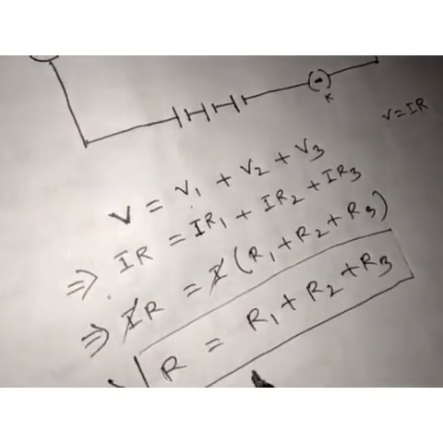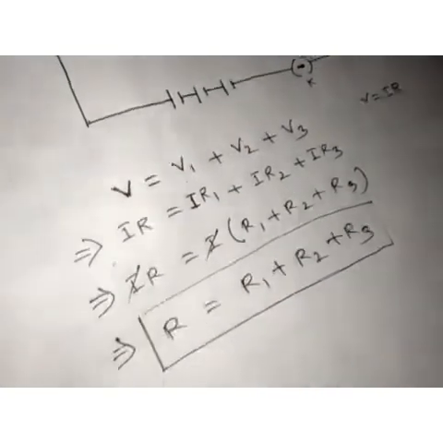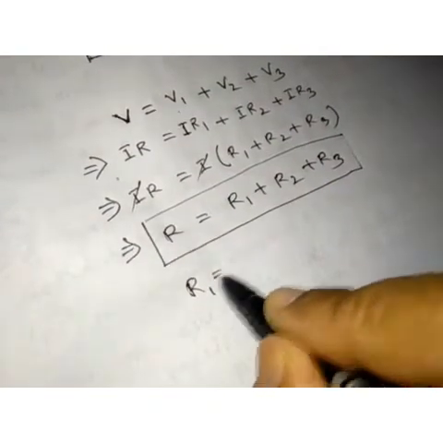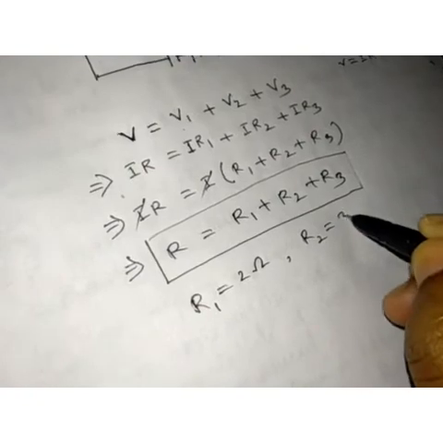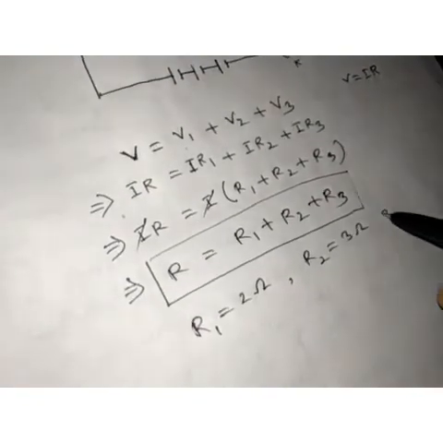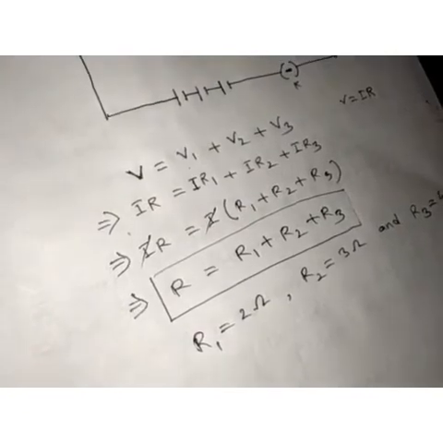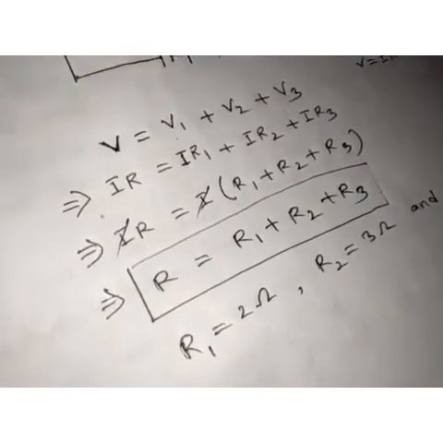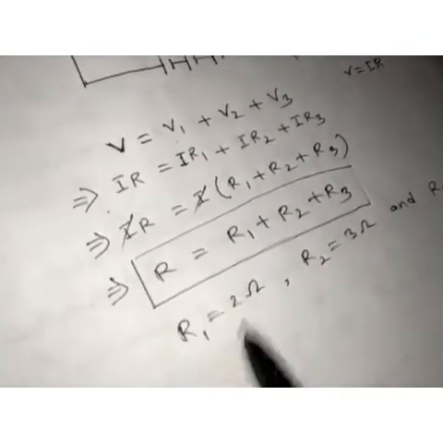So in series connections, suppose R1 equals 2 ohm, R2 equals 3 ohm, and R3 equals 4 ohm. Suppose the equivalent resistance, they are connected in series.